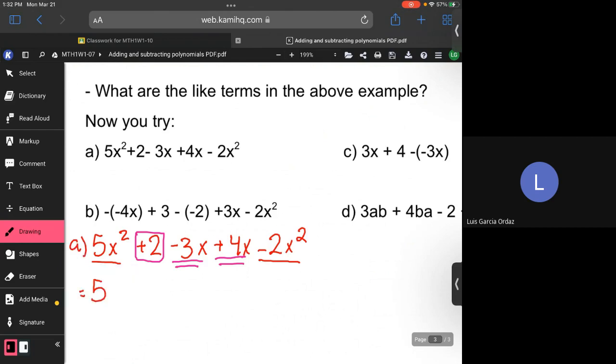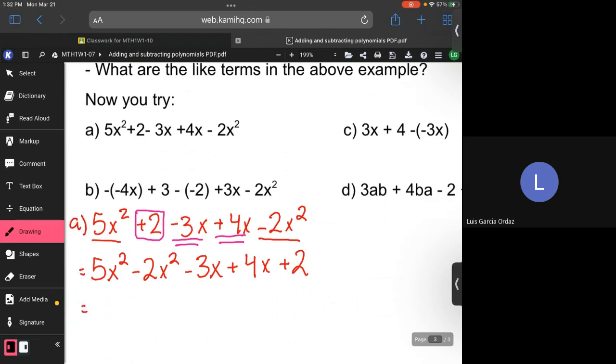So I get 5x squared. Like I said, you don't have to do this line, but I just like doing it for the sake of people who find this more organized. Okay, so let's start with our first two. 5x squared minus 2x squared. What does that give us? Austin. 3x squared. Okay.